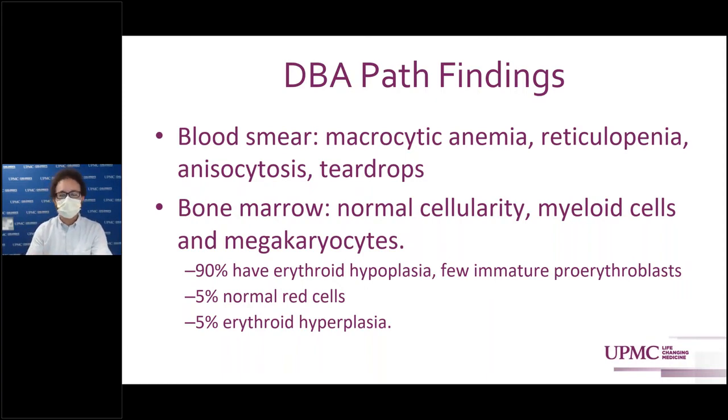With Diamond-Blackfan anemia, you see a mostly normal bone marrow, but there are abnormalities in the red blood cells or the erythroid precursors. So you can have normal cellularity and normal other cell types, but 90% of these patients have a low number or absence of the erythroid or red blood cell precursors.